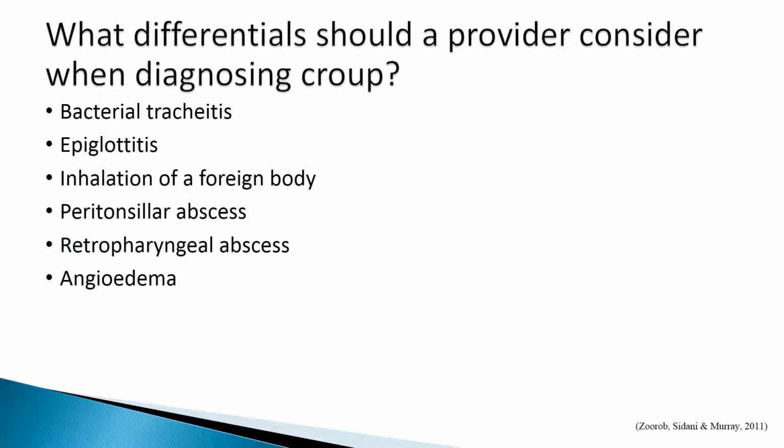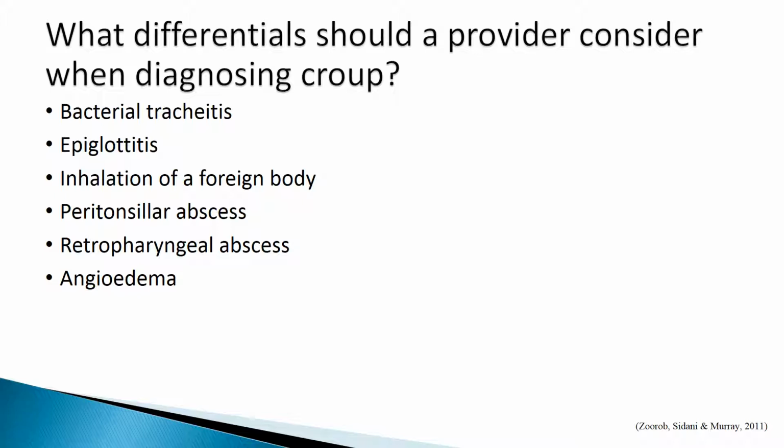So differentials. You always want to consider any differentials for any kids with croup. Just to give you a little insight, a small study of 60 patients with croup presenting to the emergency department in Wales showed that recurrent and non-recurrent croup have similar rates of viral detection. And then some bacterial tracheitis may result from a secondary infection.